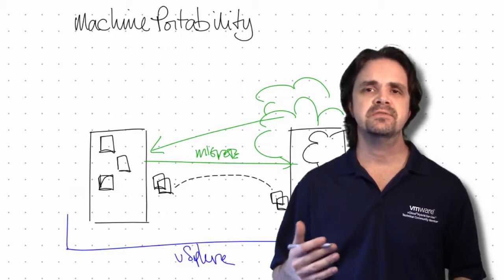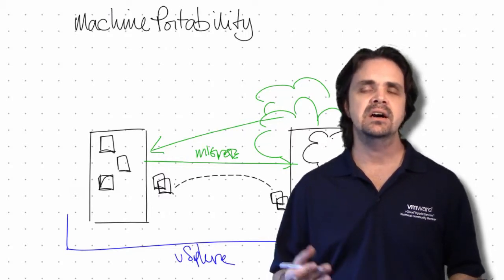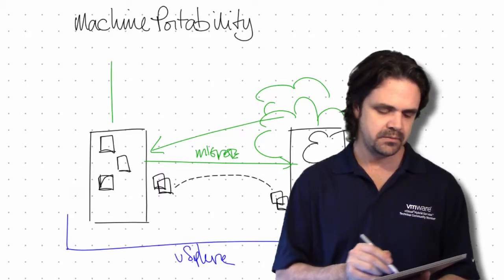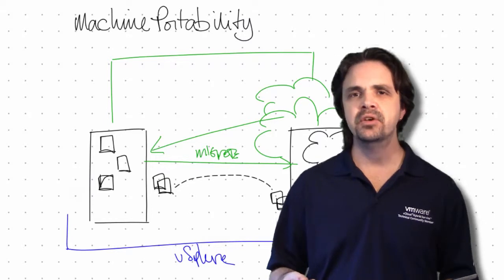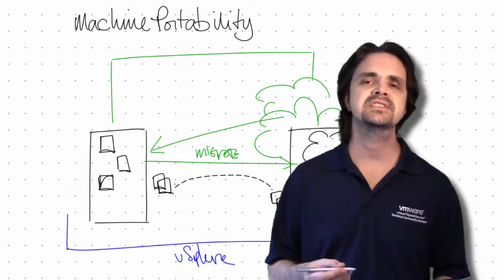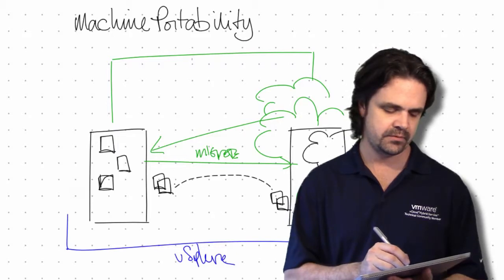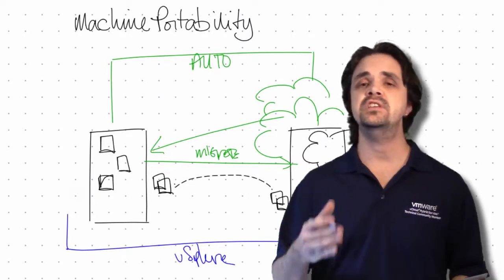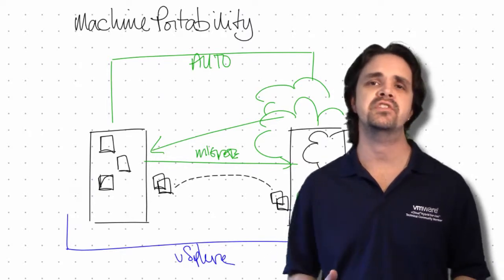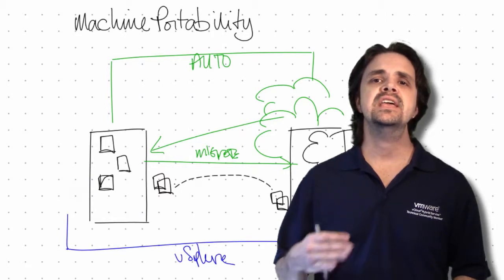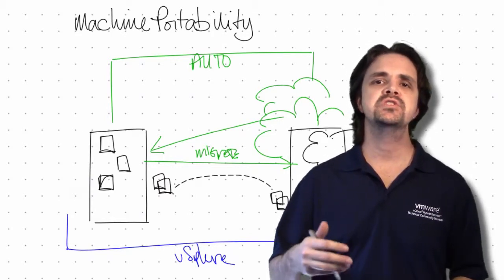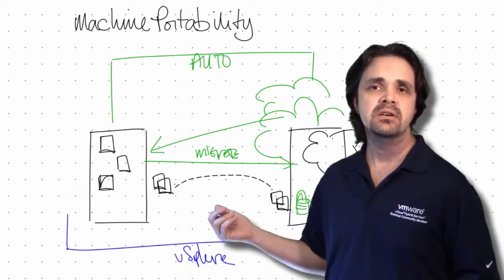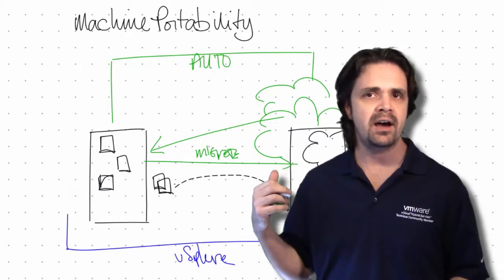Machine portability carries further when we look at the idea of vCloud Air as an endpoint. vCloud Air has the ability to serve as an endpoint for things like vRealize automation. Meaning that customers, and by customers could be users, could be people in other departments, anyone that's accessing your resources, they can request resources and then have those resources provided to them based upon policy in either the physical data center or the cloud.